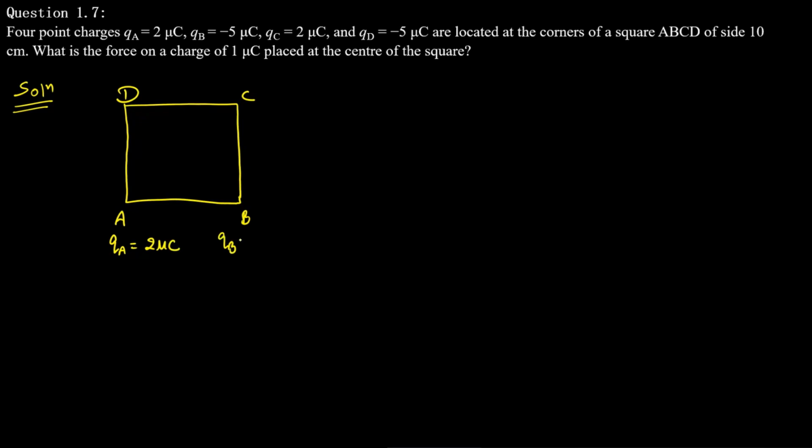On B, the charge is minus 5 microcoulomb. On C, the charge is again 2 microcoulomb. And on D, the charge is minus 5 microcoulomb. They want us to find the force on a charge of 1 microcoulomb placed at the center of the square.